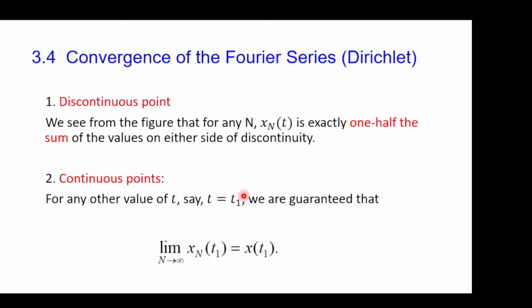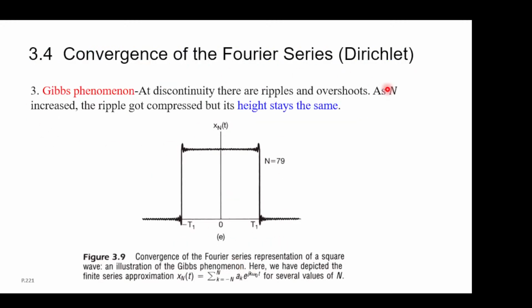Okay, so that's good. And at a continuous point, as we say, you need to be very careful about the ordering of the limit. If you set t to some value first, so for any t, then you are guaranteed that as n goes to infinity, your x_n of t will equal x of t. But if you change the ordering, then that's not true. If you fix n first, then you can always find t such that this is not satisfied. And that's the Gibbs phenomenon.